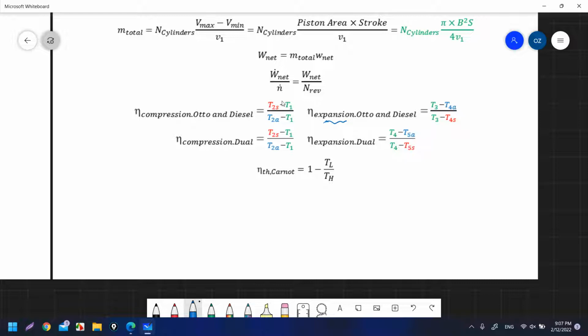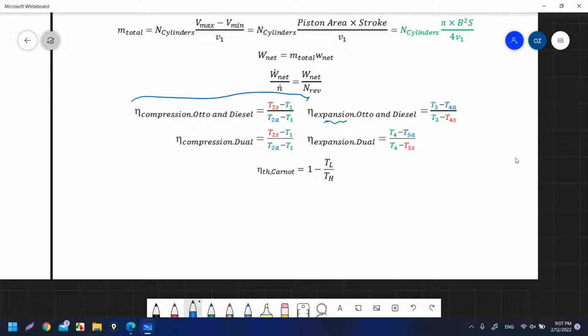Okay, when you have a question with isentropic efficiency in the statement or in the requirement of the question, it is an actual cycle question. Okay, and you have to use the isentropic efficiency.